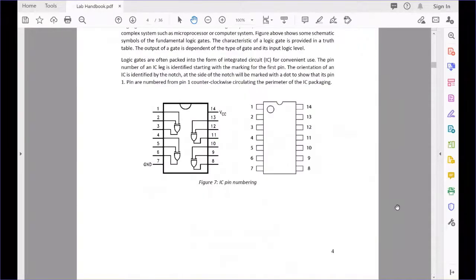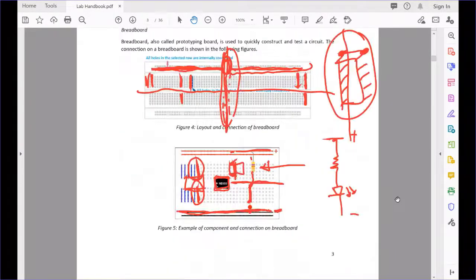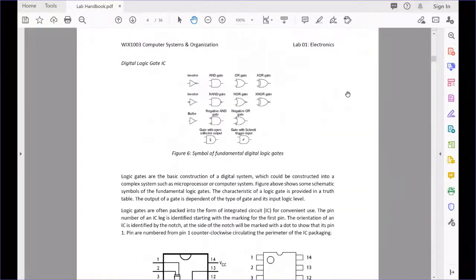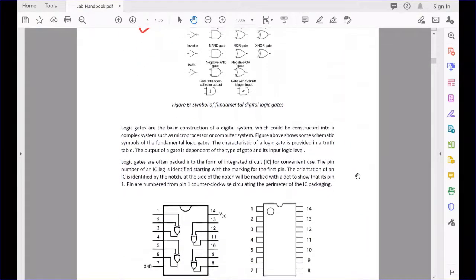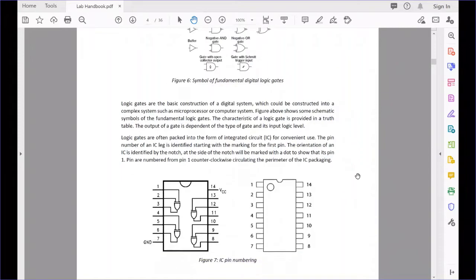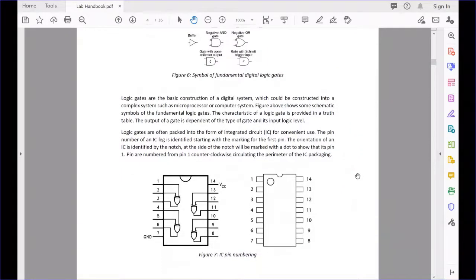Then if we go further down, these are all the logic gates you have learned, right? In this lab we are going to use some ICs which consist of those logic gates, and all the ICs will have 14 pins, 14 legs.